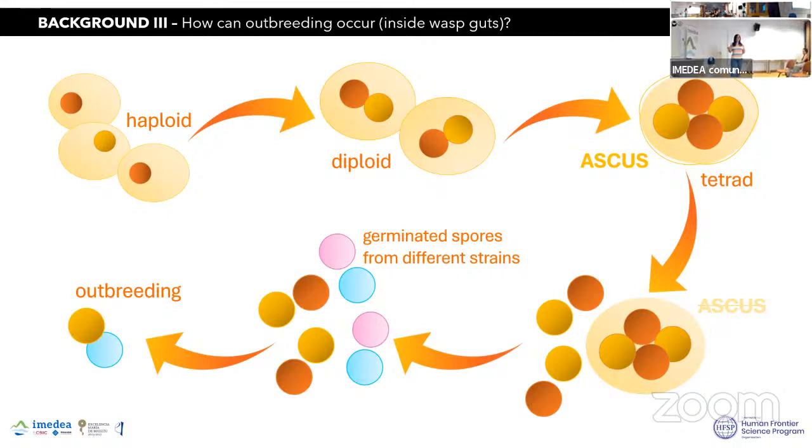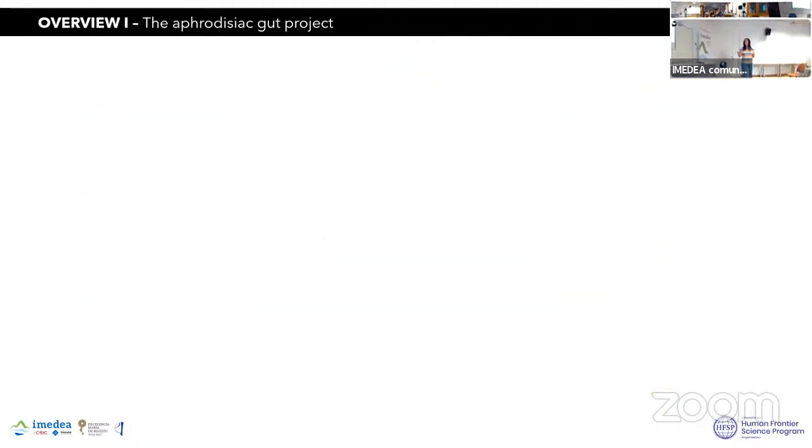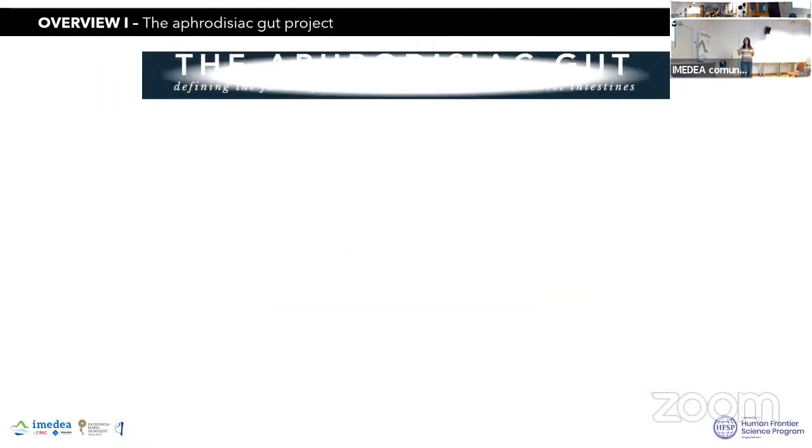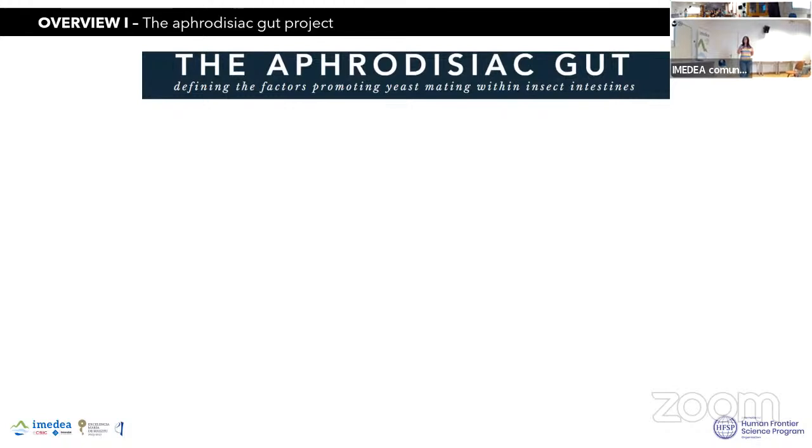And how the outbreeding could happen inside the wasp's gut, okay? This is the main question that we wanted to know. And this is why the Aphrodisiac Gut project was formed, okay? The Aphrodisiac Gut project is funded by the Human Frontier Science Program, okay? And the main goal is defining the factors promoting yeast mating within the insect intestines.